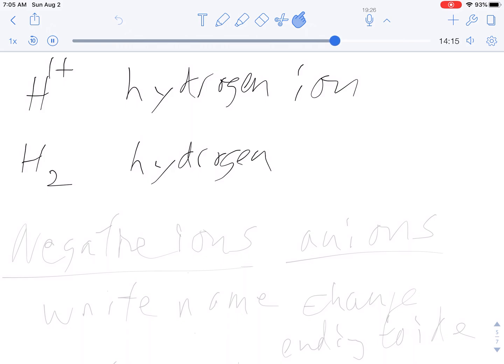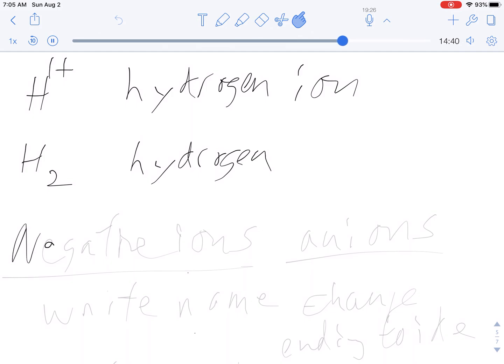Here are the magic 7. And here are these two. When they've got a charge, they do not have to be diatomic or polyatomic. They can be by themselves. So if it's neutral, like this one, it must be diatomic. When it's got a charge, it does not have to be diatomic. Okay?